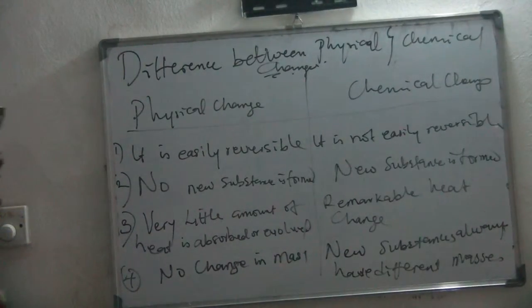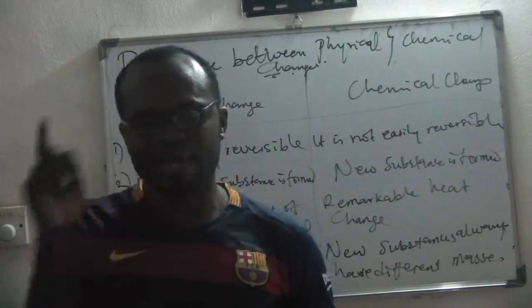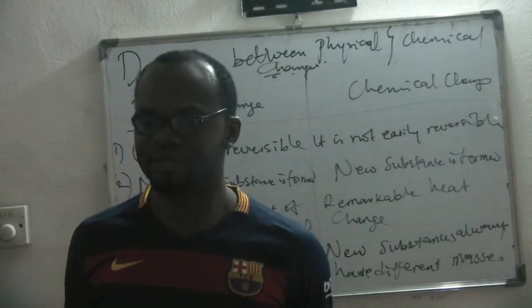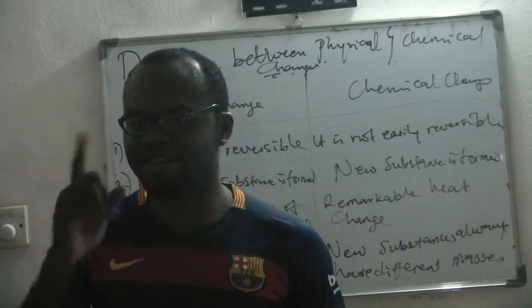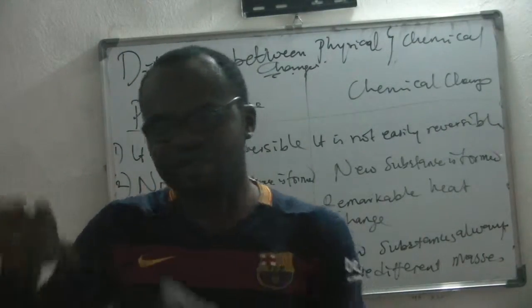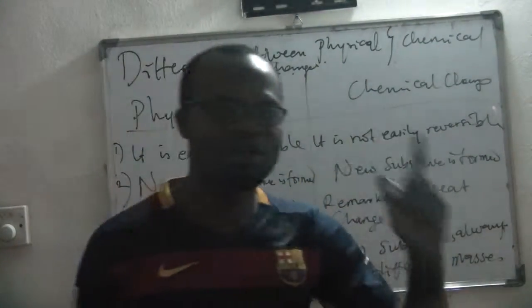Yes, sir. When a block of ice melts, the mass of that block of ice will still be the same as the mass of water that is formed, isn't it? Yes. There is no difference in their masses. But once there is a chemical reaction or chemical change, there is difference in mass between the reactant and the product.